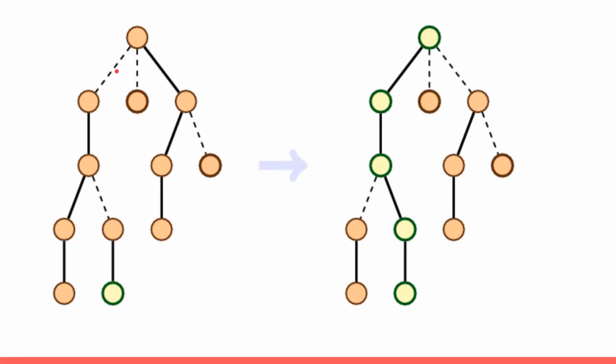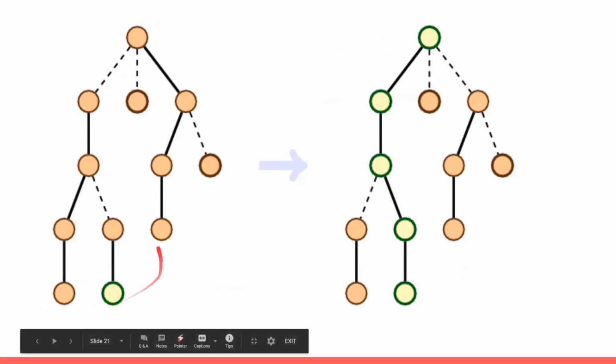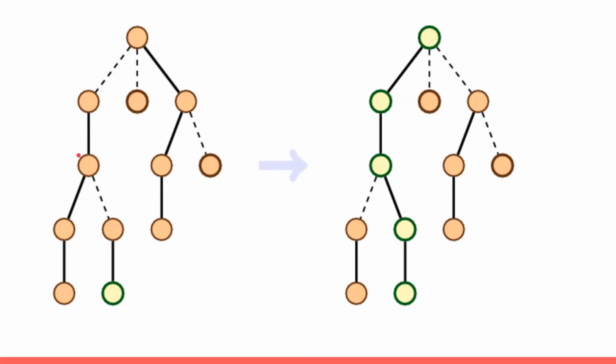If it was a heavy light decomposition, we would just find the answer on this prefix in a segment tree, for example, then check this, find some answer for the prefix here, and so on. Here we are going to use a similar idea, but we're going to change the tree depending on our queries.